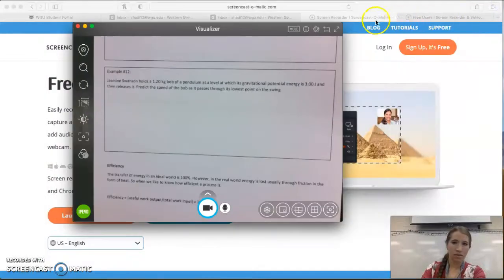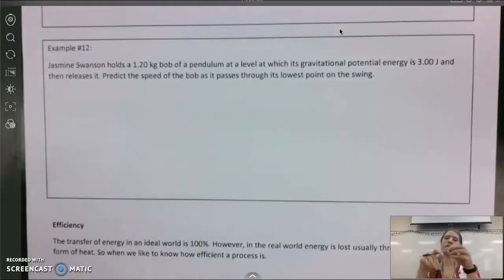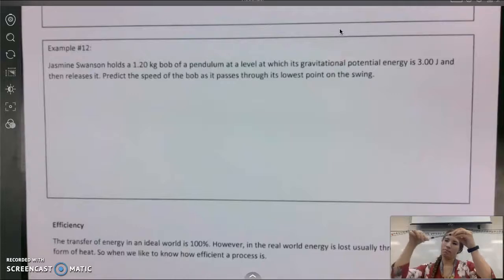Okay, so what we're going to have going on here is, if this was the pendulum, and that's the bob, that's the mass on the end. She's picking it up, so that has a potential energy of 3 joules, and then she's going to let it go. And you want to know, predict the speed of the bob as it passes through the lowest point of its swing, because it's going to do this, right?